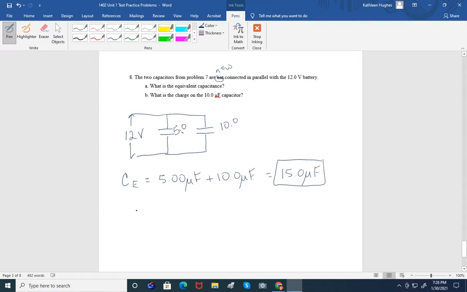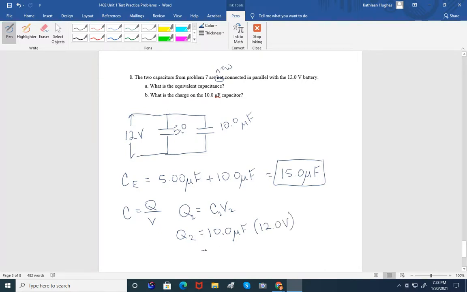So if I say C is Q over V and I want Q, Q is C times V. If I'm doing it for the 10 microfarad capacitor, I'll call that one capacitor 2. It's going to be 10.0 microfarads times 12 volts.